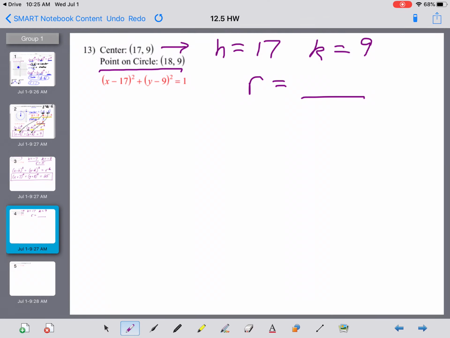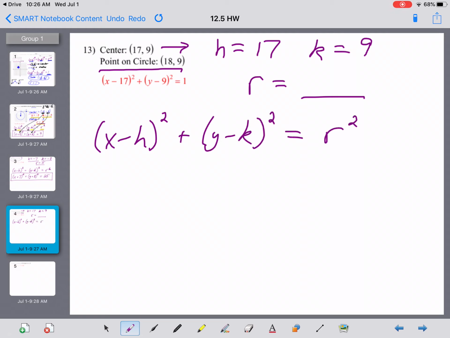Now there's a couple of different ways to handle this, and if you're watching somebody else's video or if another geometry teacher tried to explain to you how to do this, they might be doing it a different way. But I'm going to do it in a way that I feel is consistent with what I've been telling you guys all along, which is start with a formula. (x − h)² + (y − k)² = r².